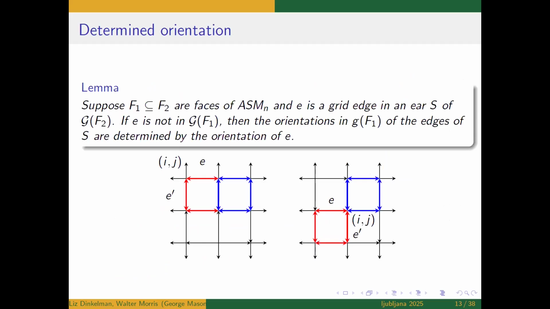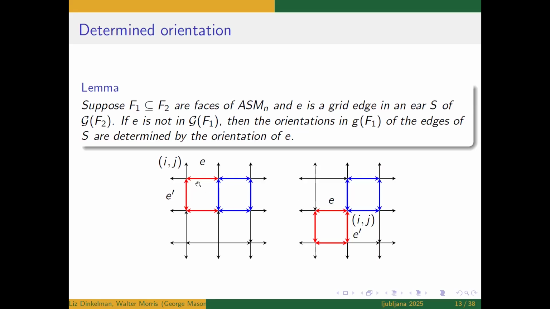And if we have F sub 1 containing F sub 2, faces of ASM sub n, and E is a grid edge in an ear S of script G of F2. If E is not in script G of F1, then the orientations in G of F1 of the edges of S are determined by the orientation of E. So what do I mean by that?